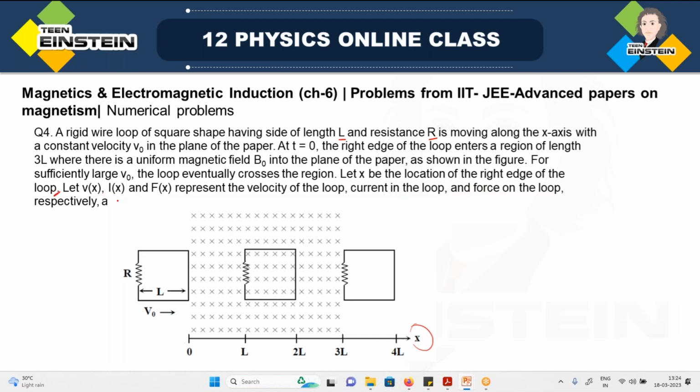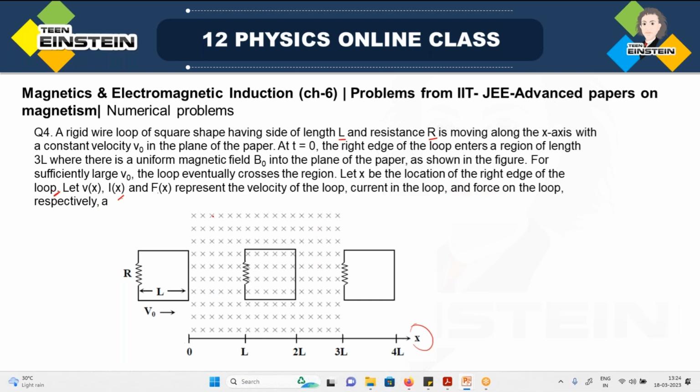Vx, I, and F of x, then the current. So this is Ix meaning current, this is Fx meaning force, representing the velocity of the loop and the current in the loop.